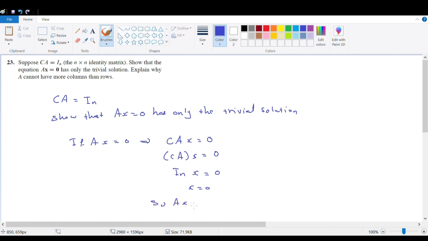So Ax is equal to 0 means there is no free variable, i.e. every column of A is a pivot column.